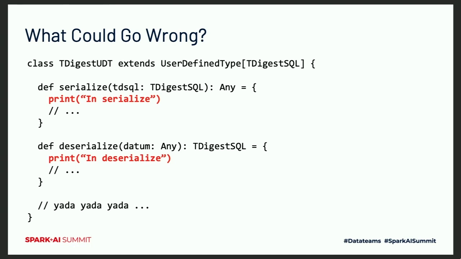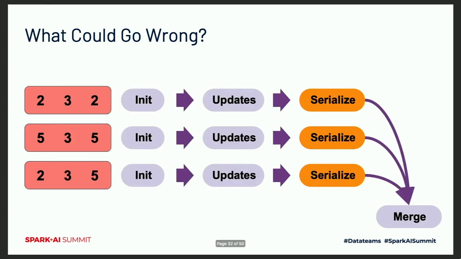So one day, as is traditional, I was debugging these serializers, and I put in some print statements to see what I was actually doing with my data structures. Let me pause here to explain what I was expecting from this experiment.